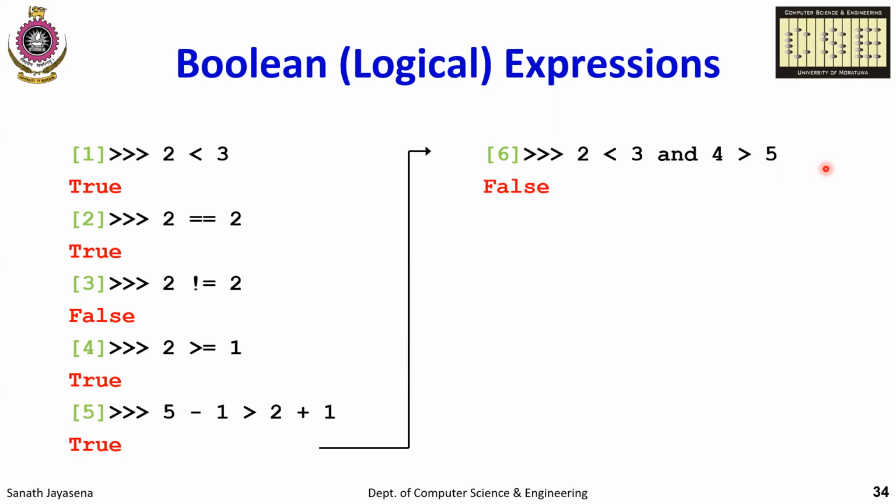False. That's because if you have AND here, for the overall result to be true, this must be true, and this also must be true. Both must be true. Then only the overall result of AND becomes true. Now we know that 2 less than 3 is correct, but 4 greater than 5 is not correct. So this is true and this is false. And true and false is actually false. So that's why you get the false result.